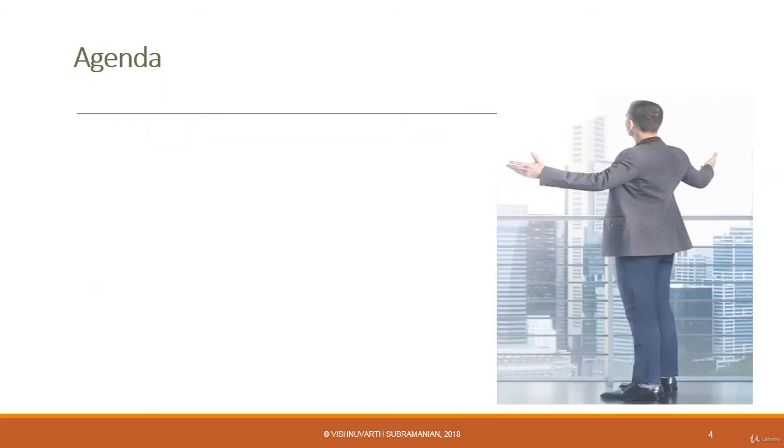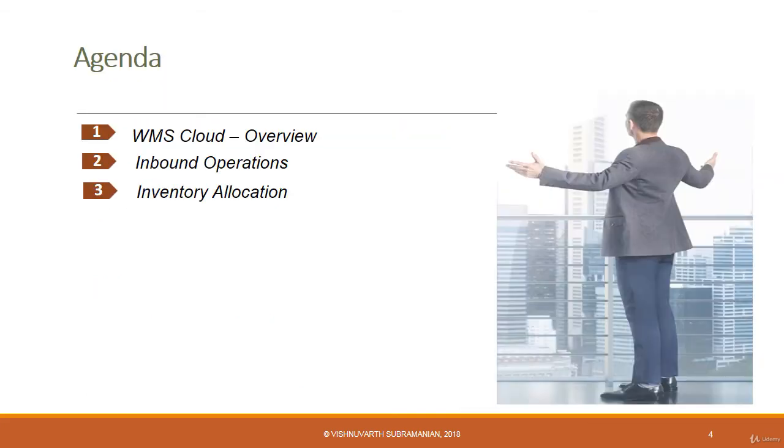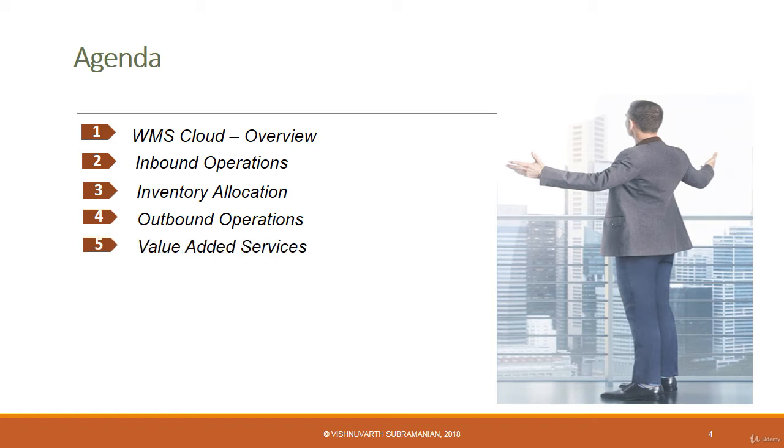The agenda for this course is: first, I'll give you an overview of the Warehouse Management Systems Cloud. In this section, I will also talk about some fundamental concepts in a typical warehouse management system. Then I will talk about some of the key process flows like inbound, outbound transactions and inventory allocation transactions supported in Oracle WMS Cloud.